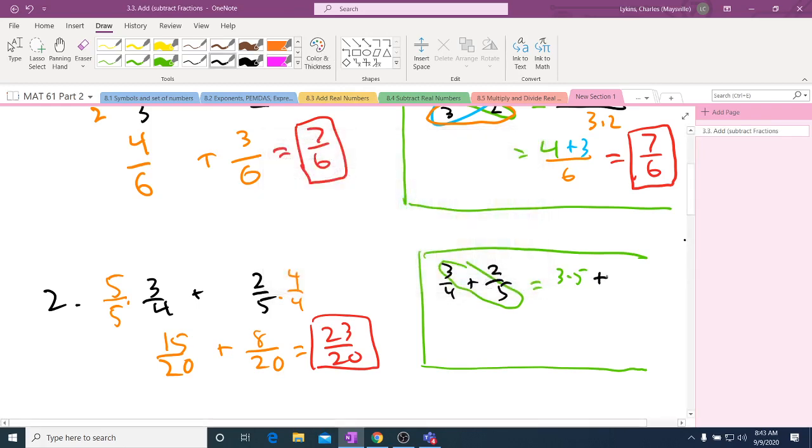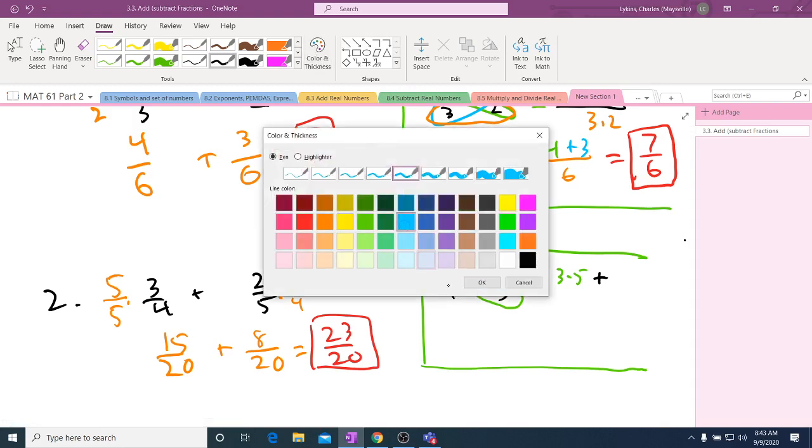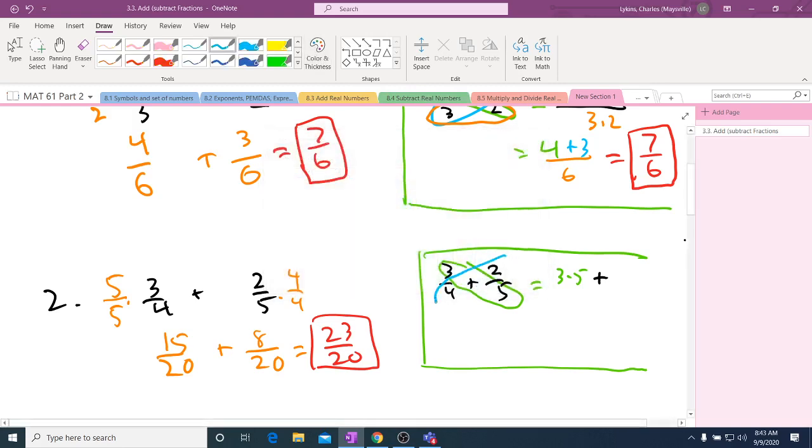So now if this was a subtraction symbol, you'd put a subtraction, not an addition. Then I'm going to do 2 times 4. You can also do 4 times 2. I mean, if you think about it, 4 times 2 and 2 times 4 is the same. And then I'm going to put it over my 4 times 5.